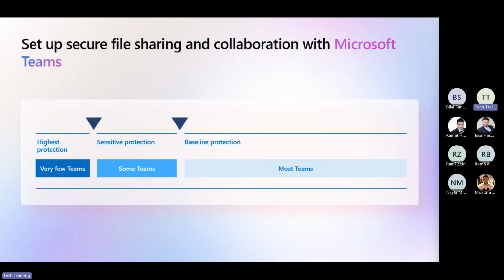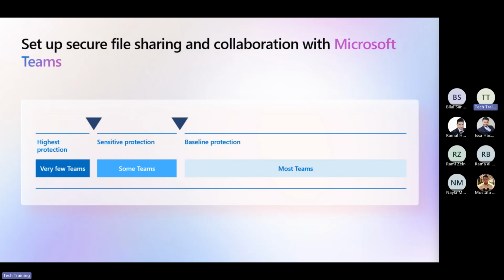Setting up file sharing in a secure way. Here you can see we have different levels of users. Most of the team can have the baseline protection, which is like allowing everything for, let's say, public or most teams.